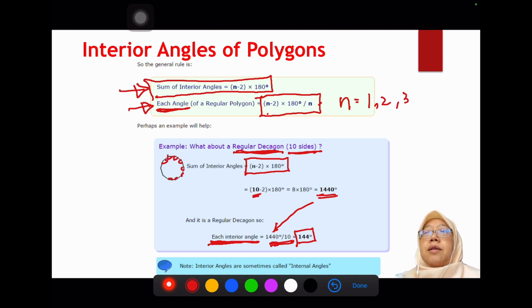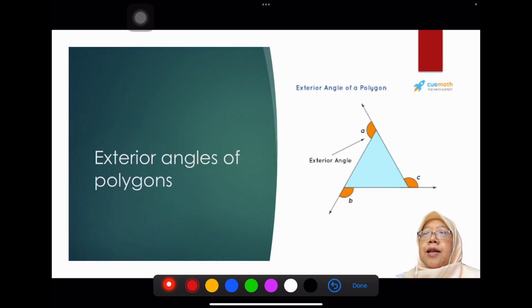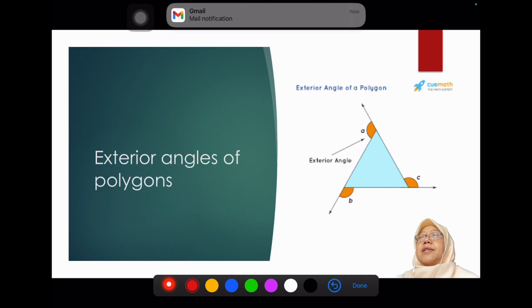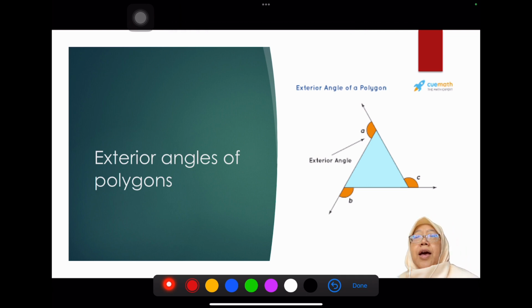Decagon will have 10. So this is how you use the formula shown here. Write down the formula, paste it on your whiteboard, and have a look at it every day. We have finished with interior angles of polygons.